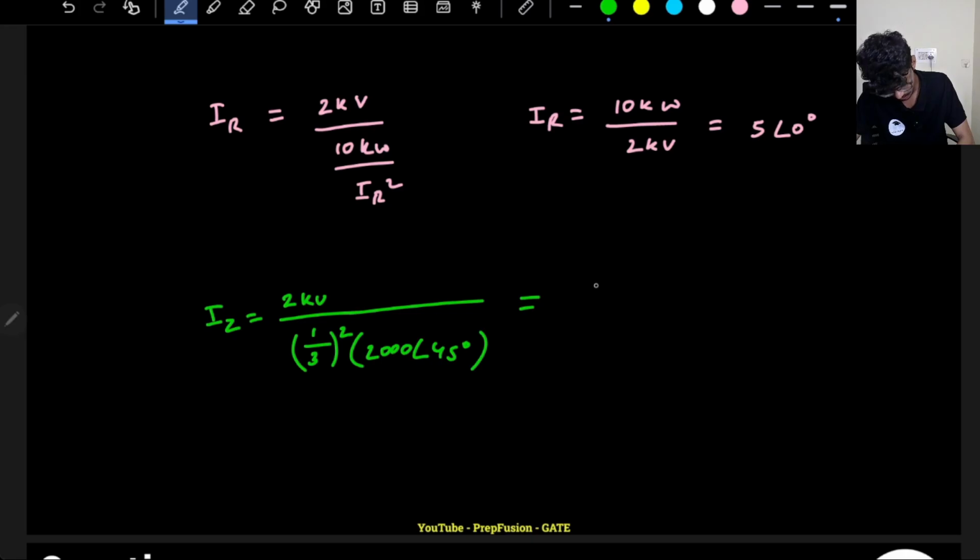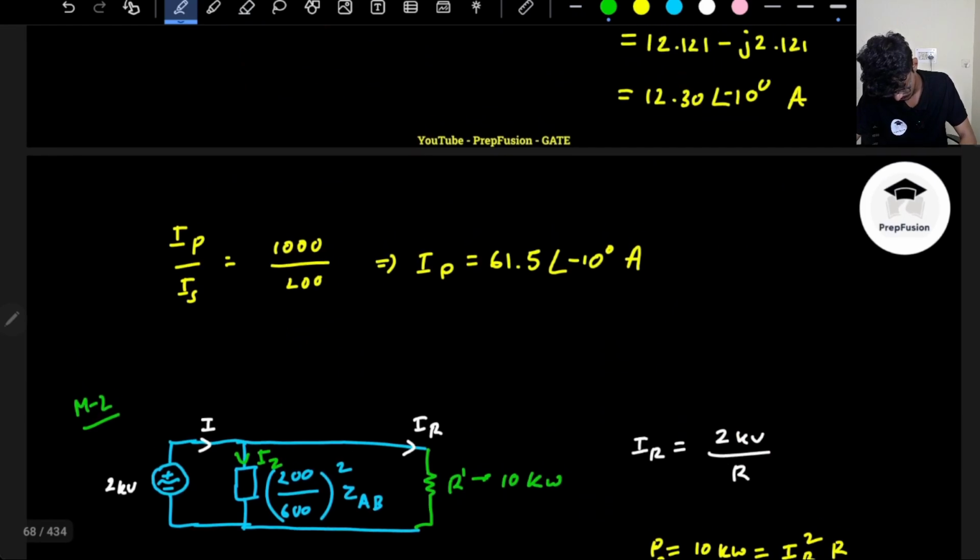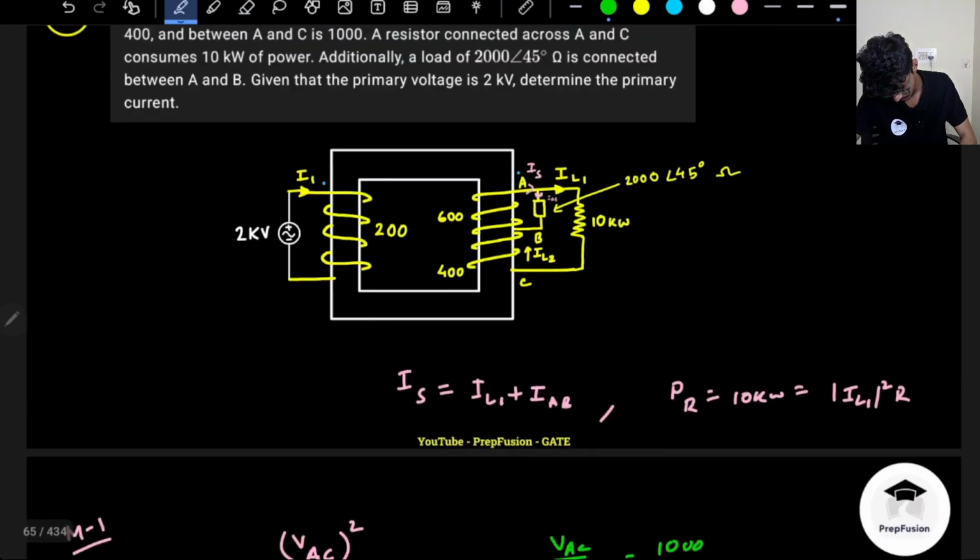So from here I can directly write that kilo gets cancelled. So this will be 18. 2 also gets cancelled, right? So automatically this will be 18 angle minus 45. Am I doing this correctly? 9 into, okay, sorry, this will be 9 angle minus 45. Anywhere I have done anything wrong, that is what I'm trying to think.